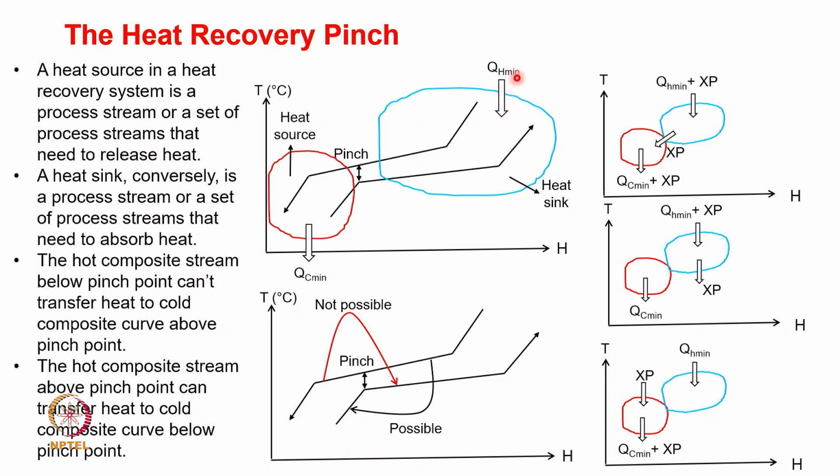Which essentially means if any stream above the pinch point is not covered, the above coverage has to be transferred by a hot utility. Here it is cold utility. Let us say we are adding additional heat into the hot utility. So, this heat will be transferred through the hot stream to the cold stream and finally get extracted via the cold stream.